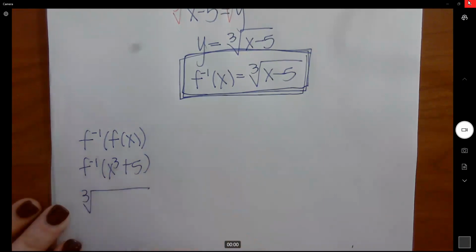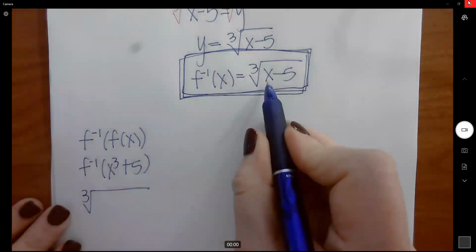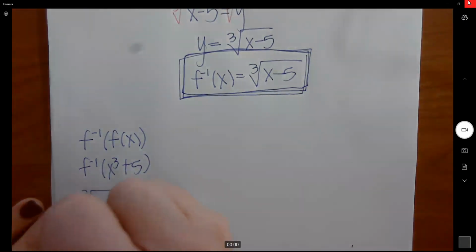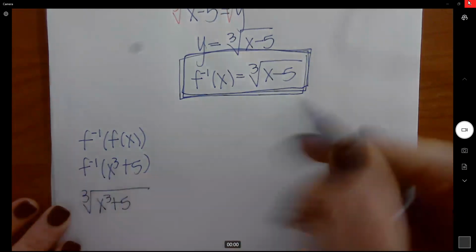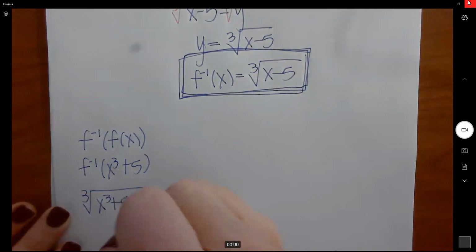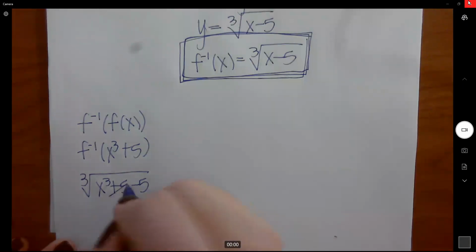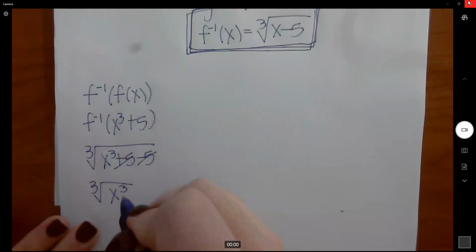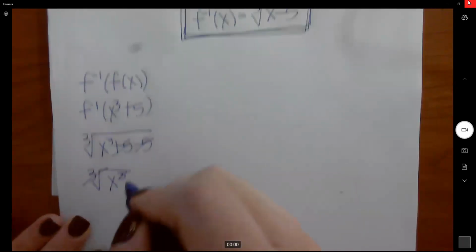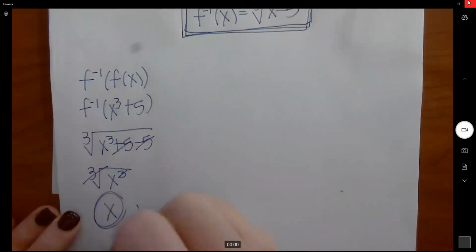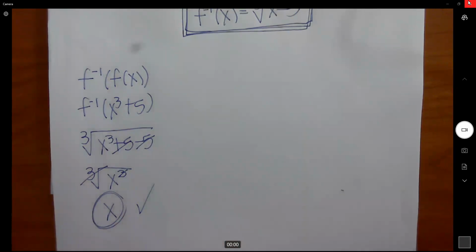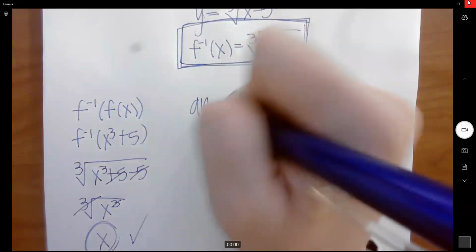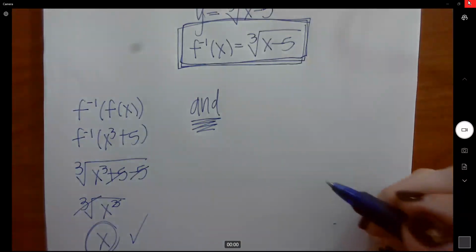So this becomes the cubic root, this x becomes x cubed plus 5, and you still have a minus 5 under here. Those cancel, so I'm left with the cubic root of x cubed. Well, the cubic root and cube cancel, and so I have an x. This does not verify it. You have to do this both ways.